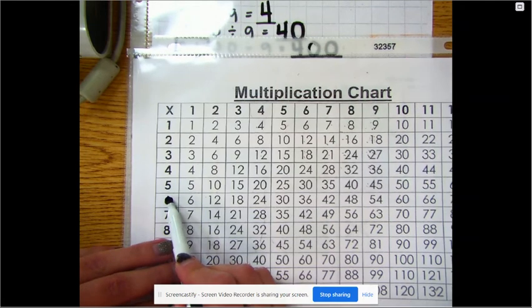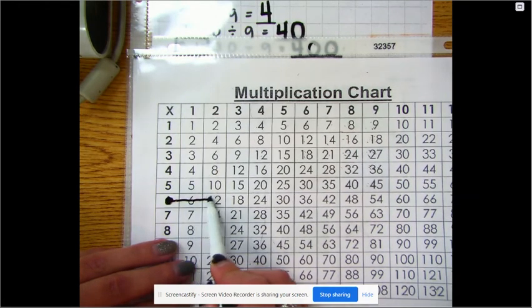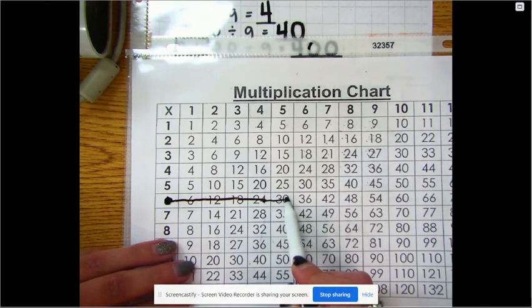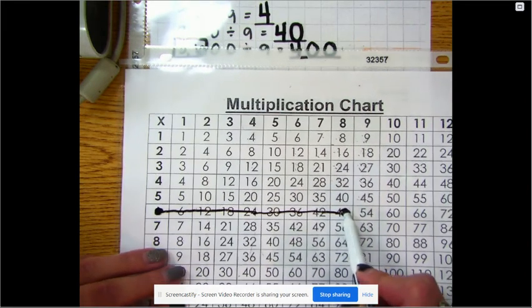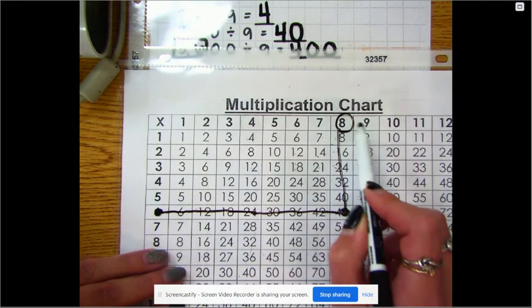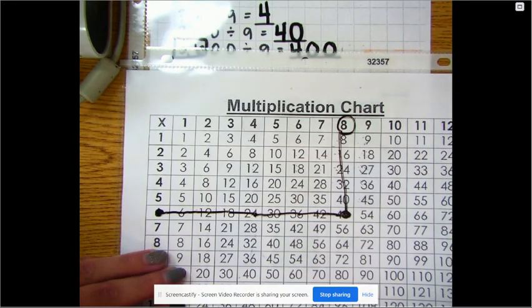I'm going to get close to it without going over it, or I'm going to find it perfect. 6, 12, 18, 24, 30, 36, 42, and it goes perfect into 48. How did I get there? 8.